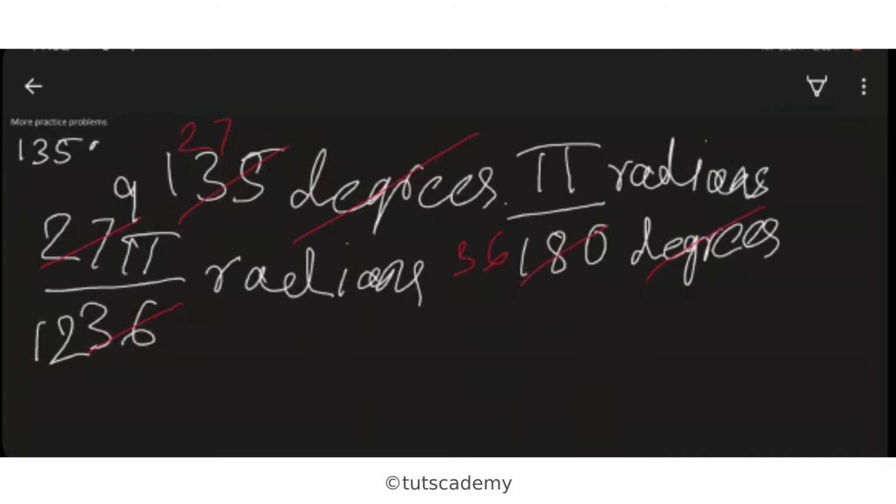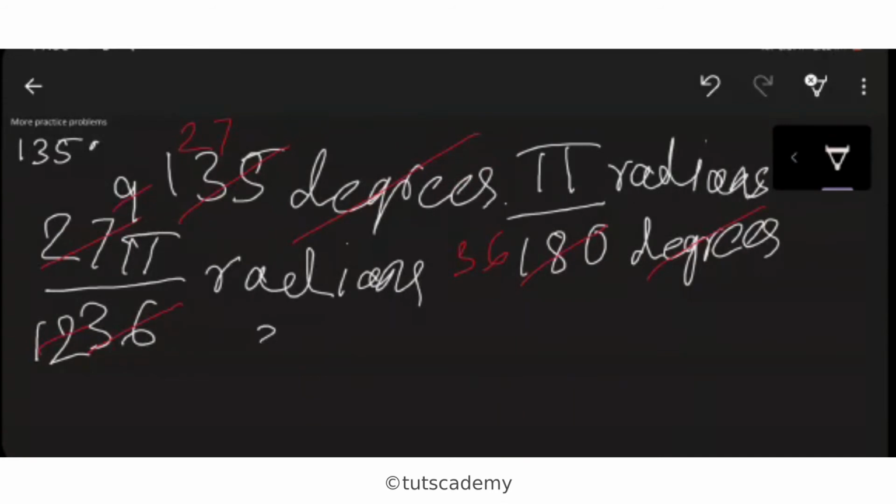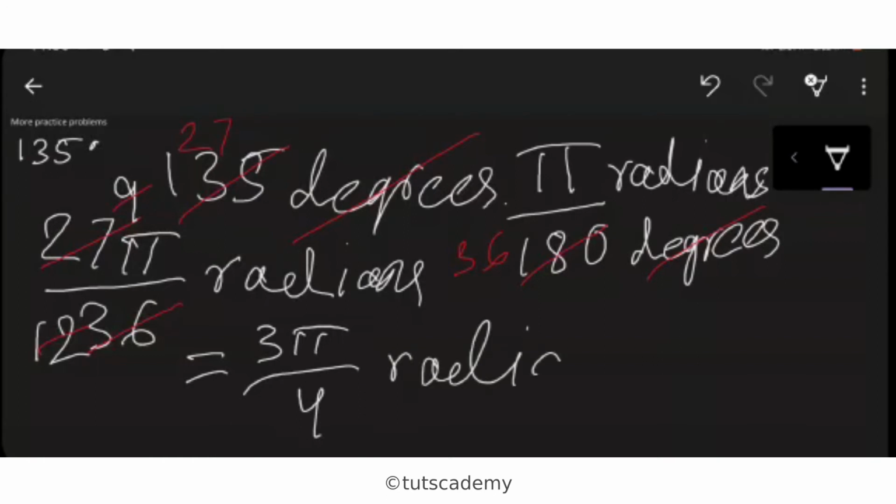Can we divide it any further? I think we can, right? We can simplify it again by 3, and now we will get 3 pi over 4 radians. See? This is how we simplify it.